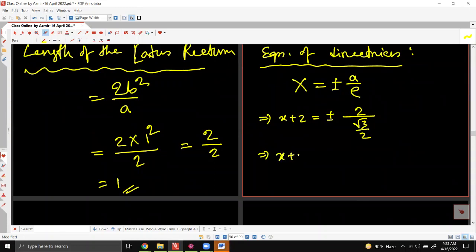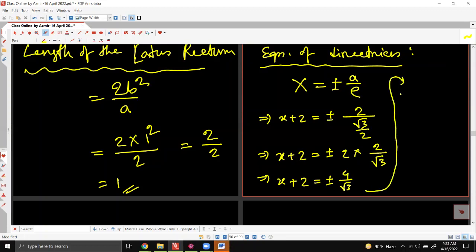So x plus 2 equals plus minus 2 times 2 over square root of 3. That is x plus 2 equals plus minus 4 over square root of 3. So we can write x equals minus 2 plus minus 4 over square root of 3.